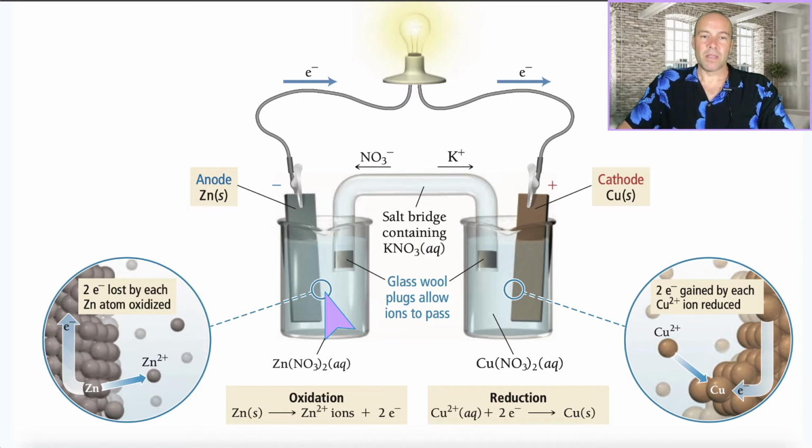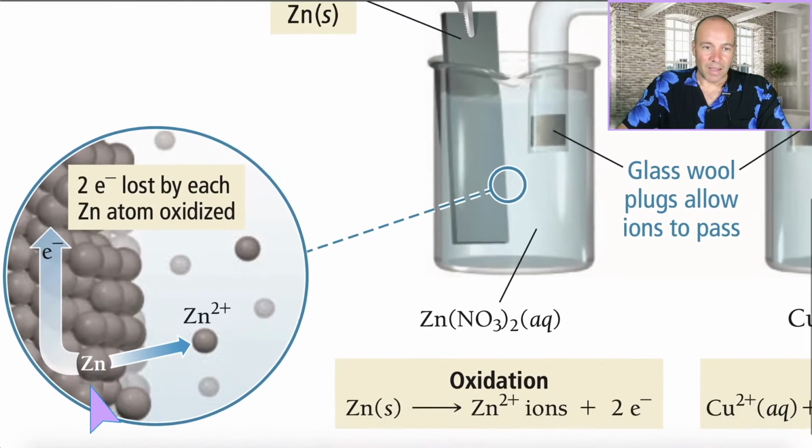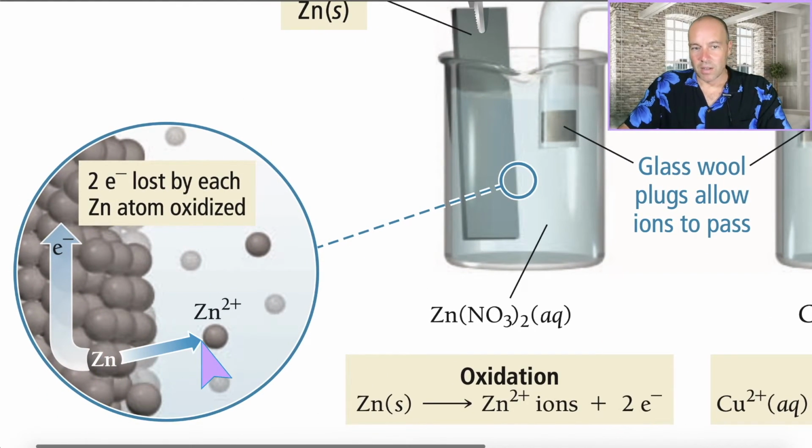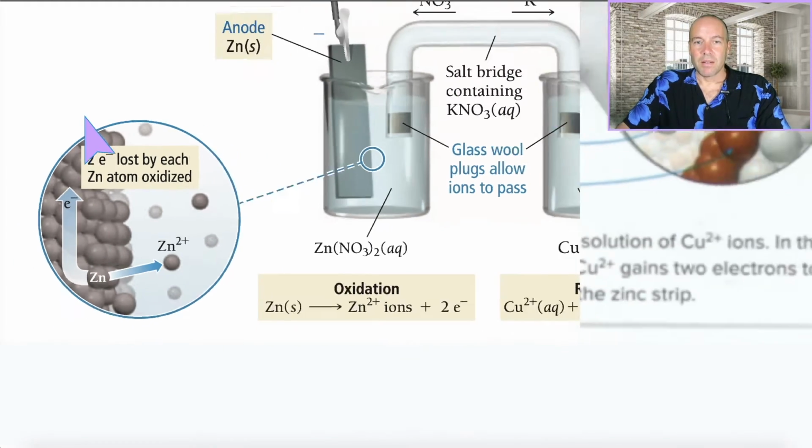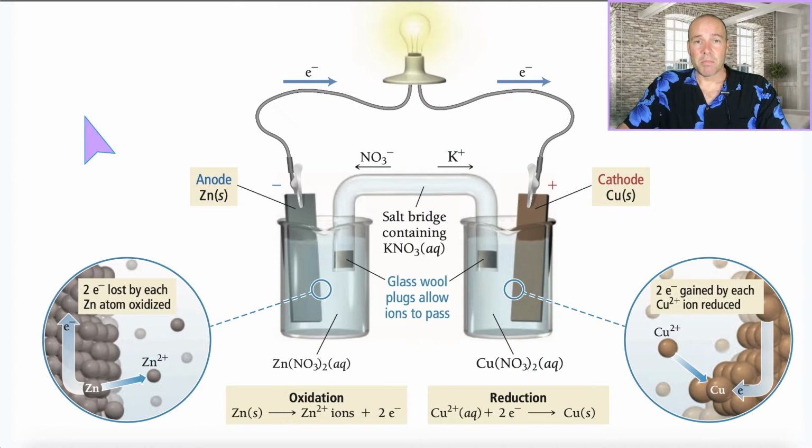What happens is every time one of these zinc atoms goes into solution to form the zinc plus 2 ion, we can see what's going on right here. If you have a zinc atom, say that one right there, and it goes into solution to form the zinc plus 2 ion, those 2 electrons that are released are going to be grabbed by a copper plus 2 ion.